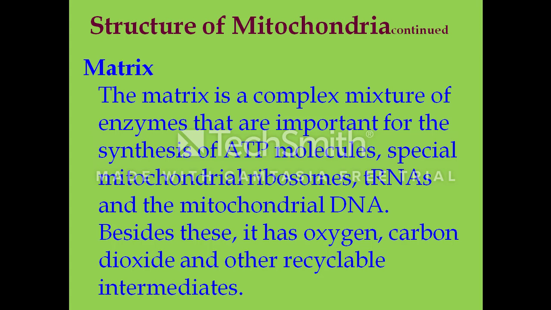So the matrix is nothing but the central portion of the mitochondria. It is rich in enzymes and it is also having the molecules necessary for the ATP synthesis and special mitochondrial ribosomes necessary for the synthesis of the protein which is required by the mitochondria, and tRNAs and mitochondrial DNA.